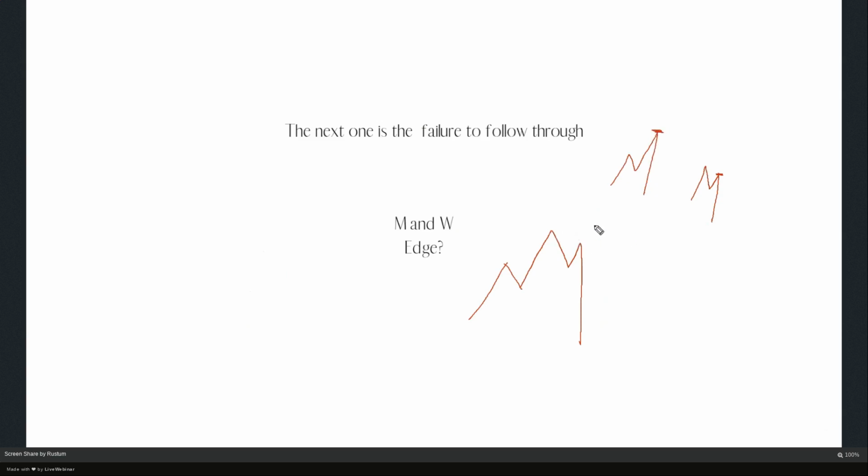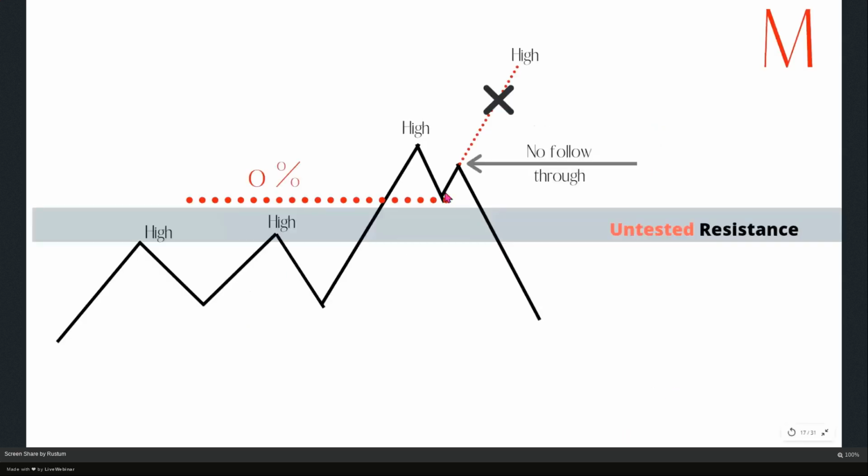So how are we going to qualify this one now? That is the question. This one fails to follow through at a certain Fibonacci level, a certain Fibonacci point.